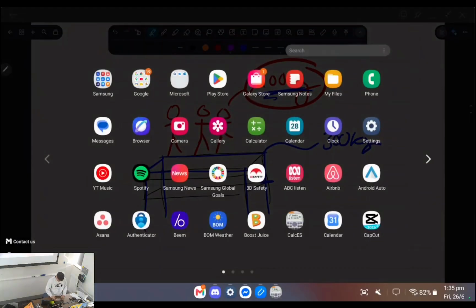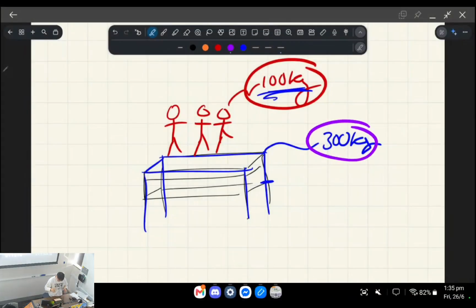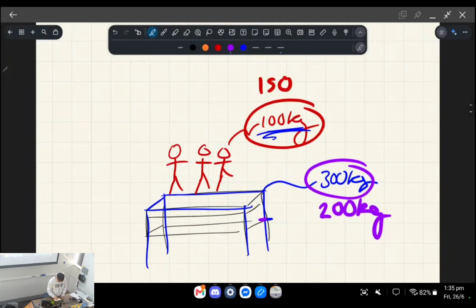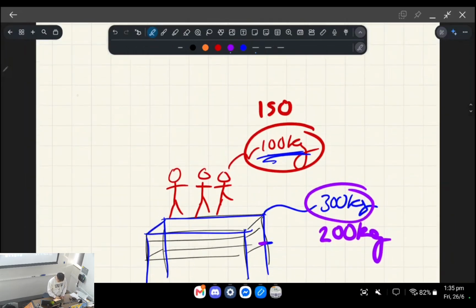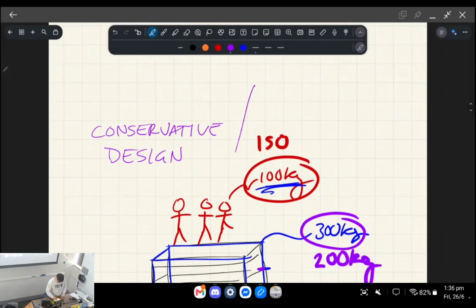And for your structure, because there could be missing bolts or something, you might want to reduce its capacity to some amount as well, right? So this kind of logic is called conservative design. Another word for it is over-engineering.